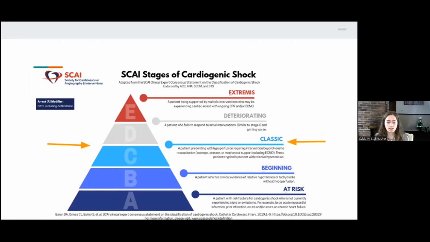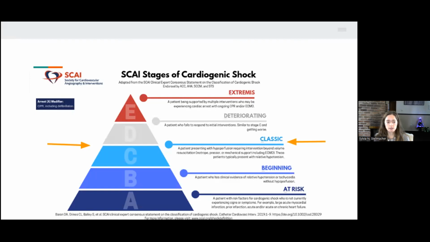SCAI stands for the Society of Cardiovascular Angiography and Interventions, and it goes from A, B, C, D to E. And ideally, we recognize patients in the C classification, which if you can look very small in there, it mentions that that's when patients might be considered for ECMO.